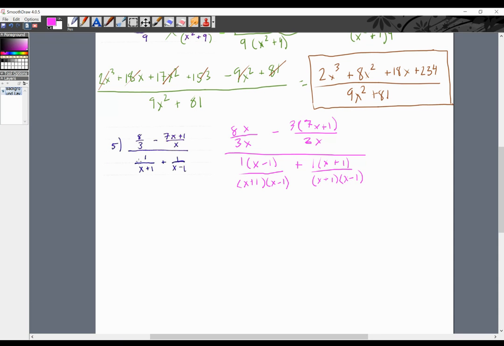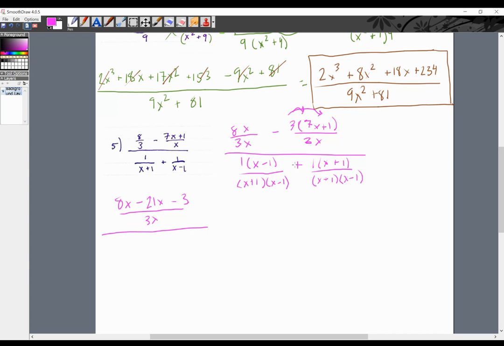Okay, let's simplify the top and bottom. So these are the same denominator. I can write them as 8x minus, distribute, 3 times 7, 21x, minus 3 times 1, minus 3, all over 3x.